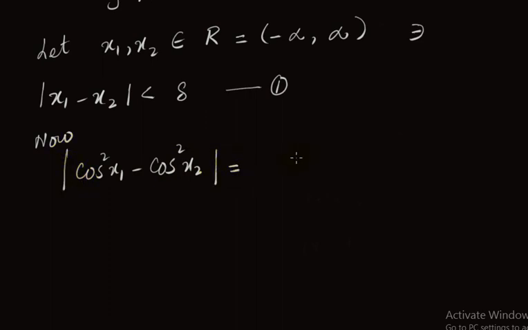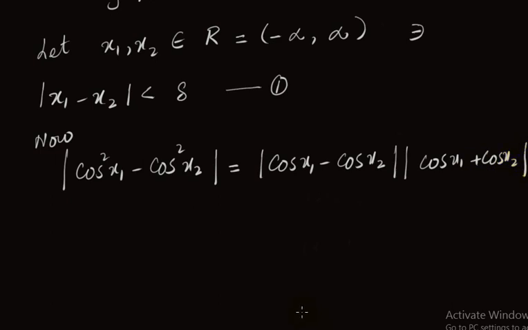This can be written as mod of cos x1 minus cos x2 into mod of cos x1 plus cos x2.